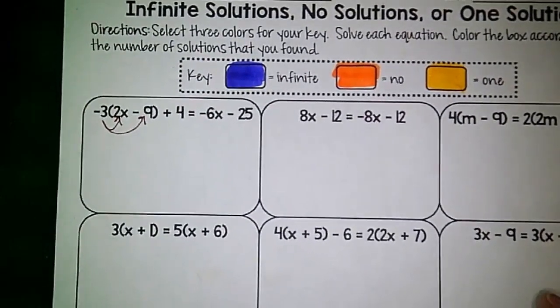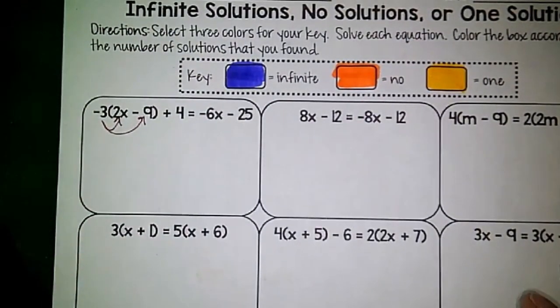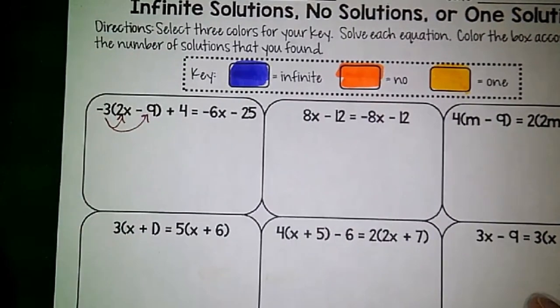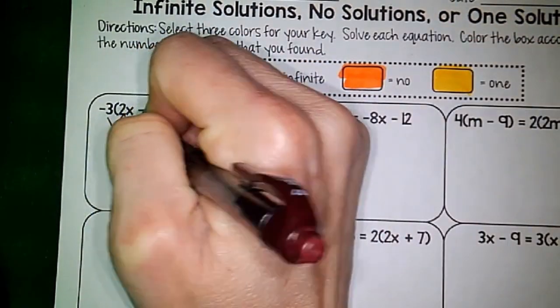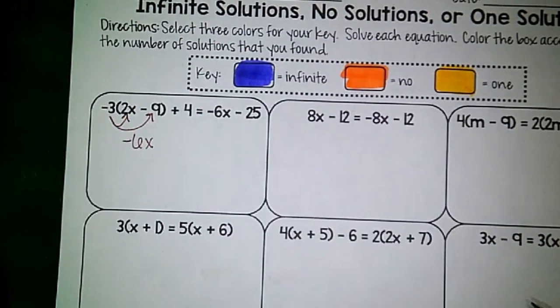Negative 6x. Negative 3 times negative 9. Somebody do some math for me. Negative 3 times negative 9. A negative and a negative is going to equal a positive.